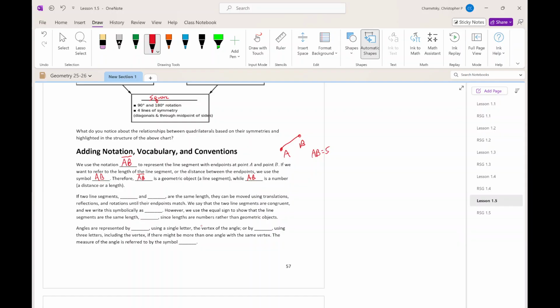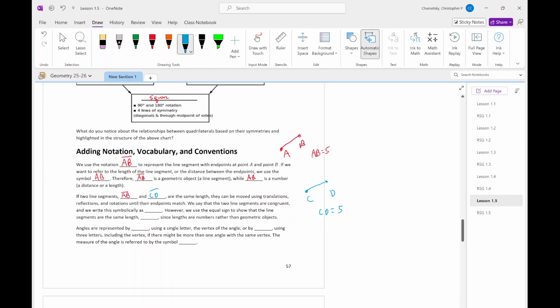If 2 line segments, say AB and CD are the same length. Oops, not CD, CD. So suppose CD equals 5 units as well.